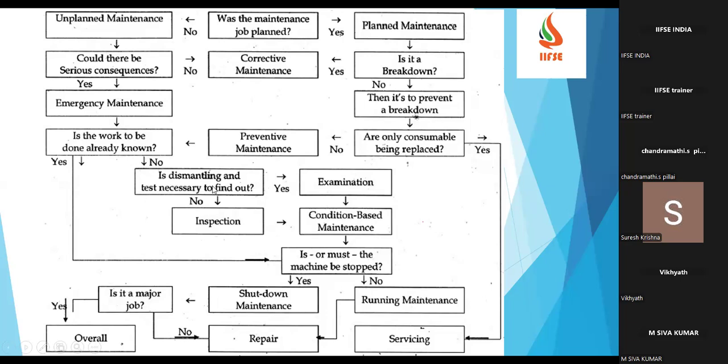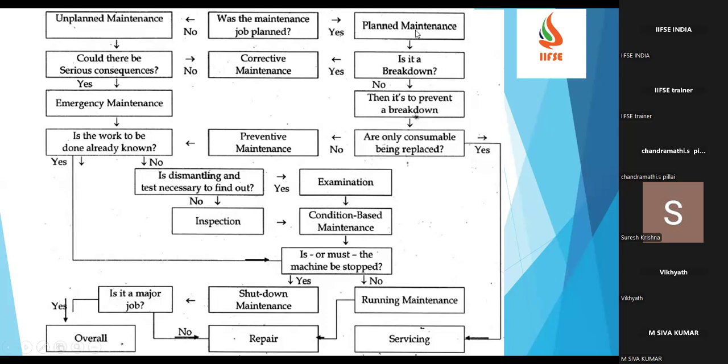Or if you do not know the activity to be done, then dismantling and tests are necessary to find out. If the examination is done well, then it goes to condition based maintenance. If you have not found out what test to be done, then we have to go for inspection. This is the sequence of maintenance.